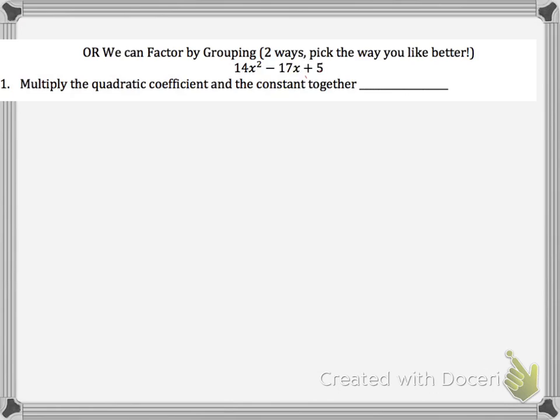Now another way we can accomplish the same thing is to factor by grouping, and it's kind of like undoing that middle term. But to do that, we look at the quadratic and constant together, and so we will multiply the 14 by 5, and that gives us 70. And so we want to think about the factors of 70.